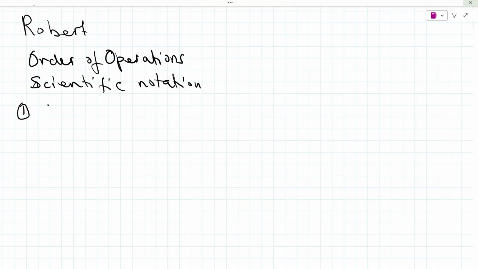If we are given 6 times 3 minus, open parenthesis, 4 minus 7, and all this is squared, close square bracket.